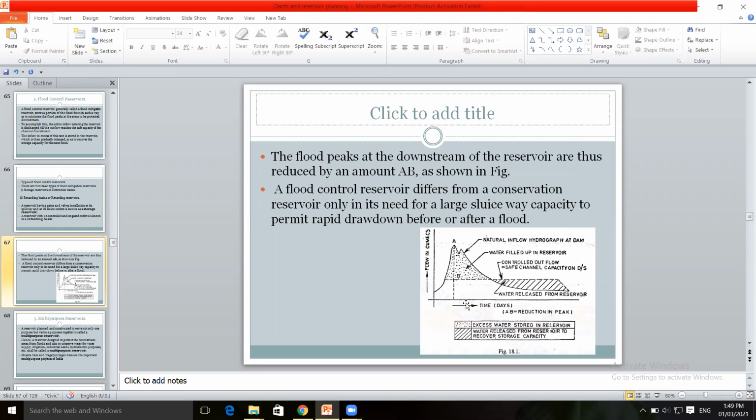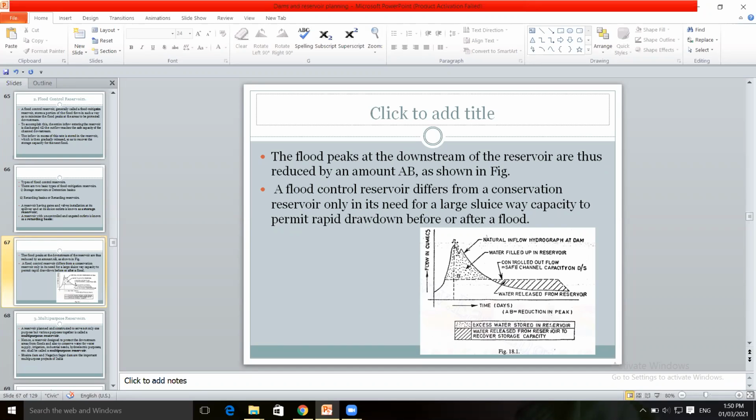And as the time elapses, for 1 month or 2 months, or depending upon the flood situation, the time in days is shown here.